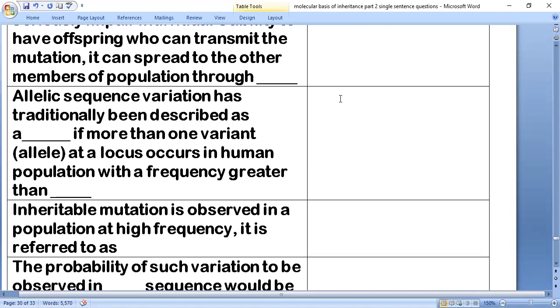Allelic sequence variation has traditionally been described as DNA polymorphism.